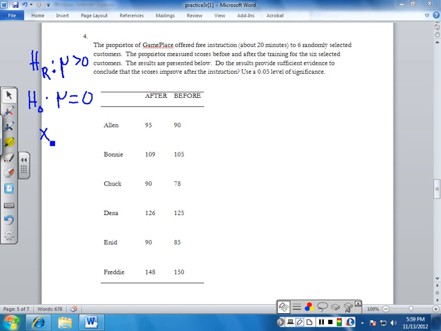We've computed X bar to be 4, and we've computed the sample standard deviation to be 4.98. So for the critical value approach, we're going to reject H0.